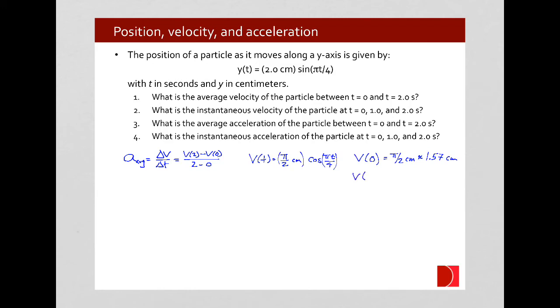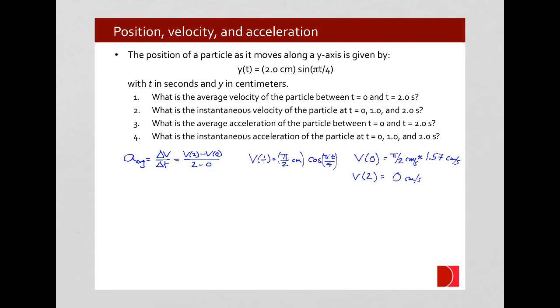If we wish to know what the velocity at 2 seconds is, if we plug in 2 seconds here, we get pi over 2. Cosine of pi over 2 is 0. And so our velocity will be 0 centimeters per second.